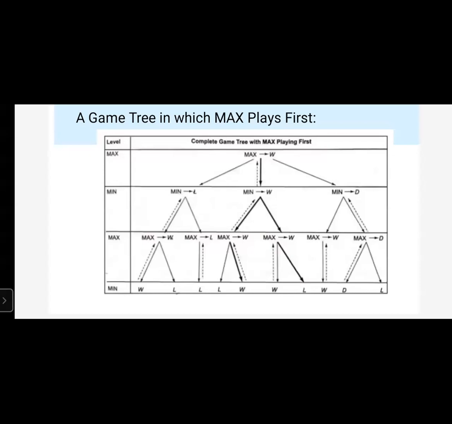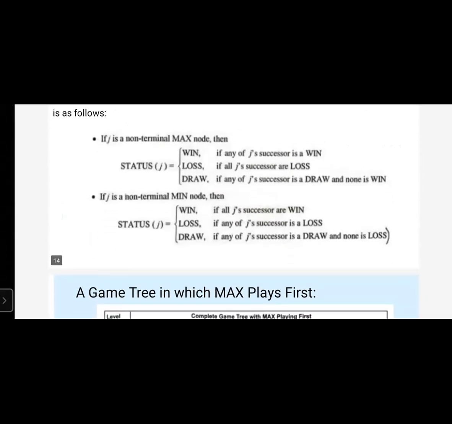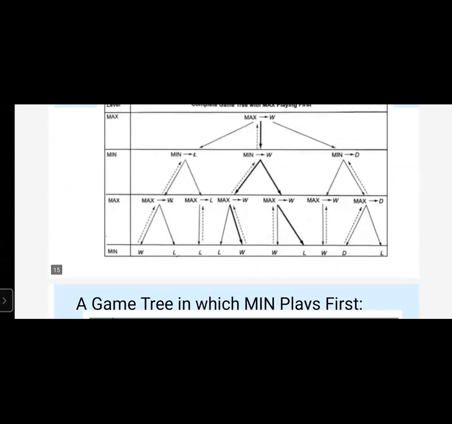So these are the winning moves or losing moves, like draw moves. If it is max, then if any of the J successors is a win, then it will win.